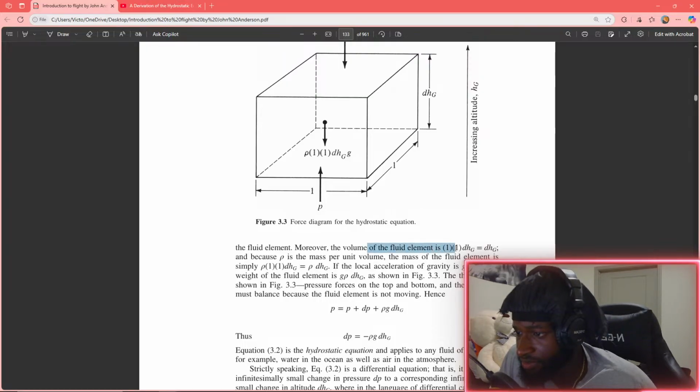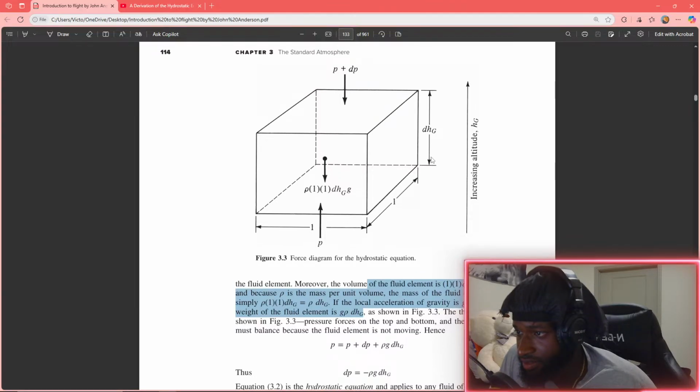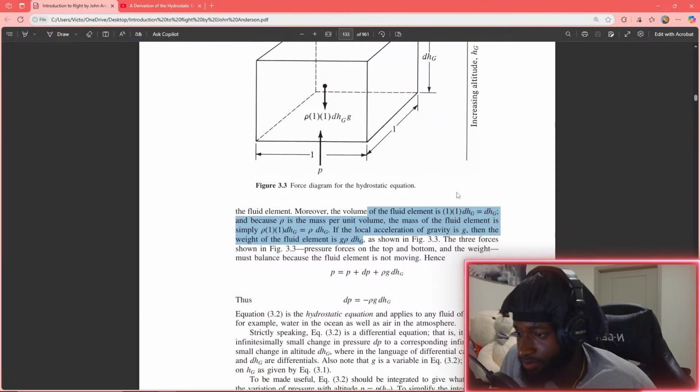Over the volume of fluid is 1 because rho's mass per unit volume is simply exertion of gravity is g, then the weight of the fluid is g. There's a small change in geometric altitude.